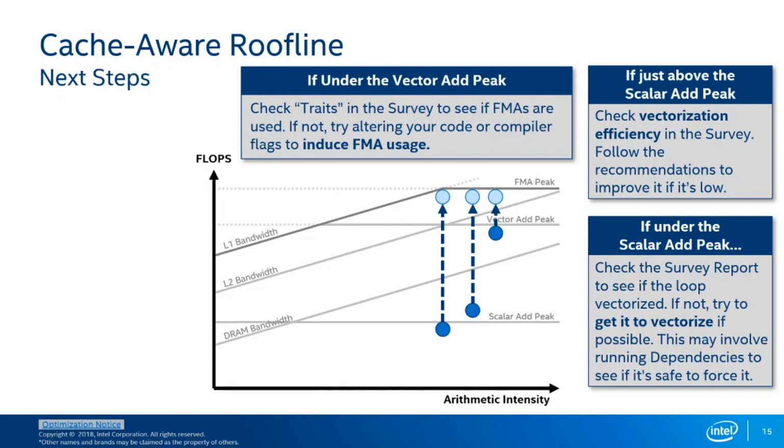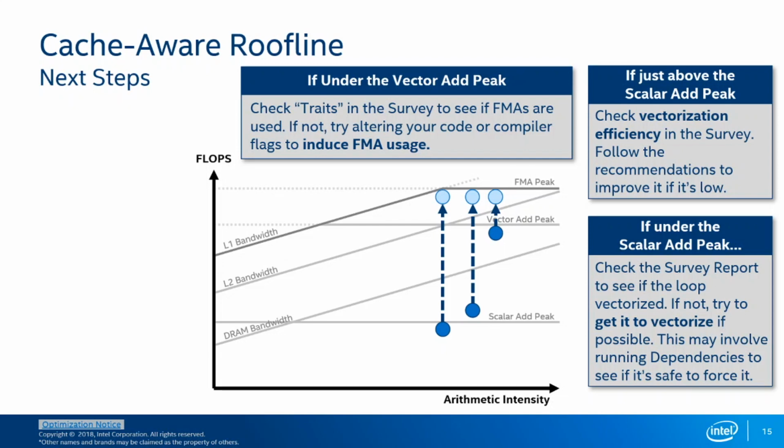So just because we're above the scalar at peak but under the vector at peak roofline, we said that it could be that we have a low vector efficiency, but other things can bring down that dot as well.